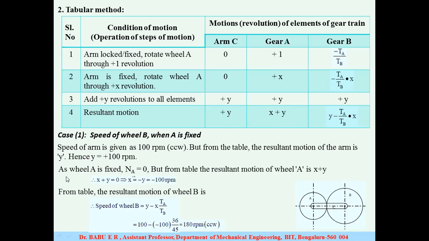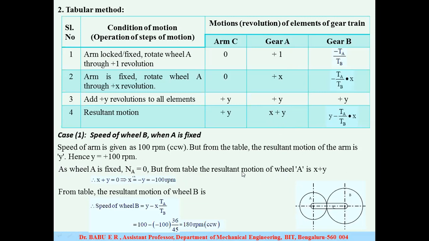Again, he has given one more data. What is the one more data? Wheel A is fixed. As wheel A is fixed, the speed of that becomes 0. NA is equal to 0. This is the given data. But from the table, the resultant motion of wheel A is x plus y revolutions.